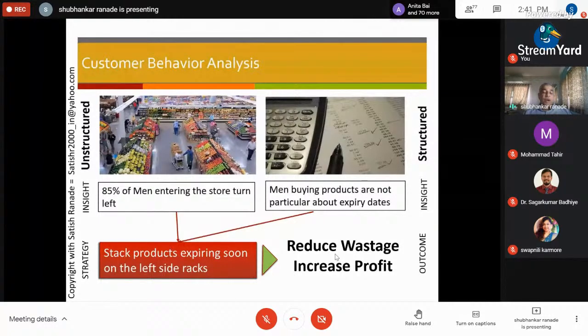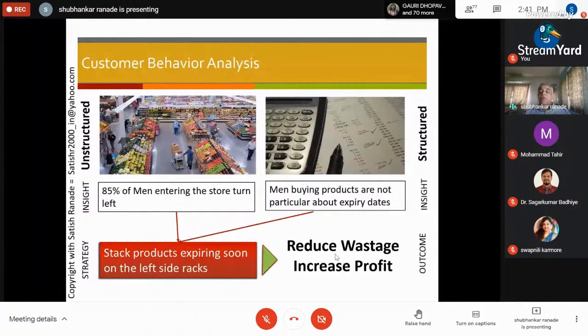While this strategy helped them to cut their wastage, and they could actually save $300 million in a year by reducing the wastage, because the products that were expiring soon are being now sold quickly and they don't have to throw away. Now, this is the power of data science, and that is why people invest in the data science exercises, data science journey. So by reducing wastage, they actually increase the profit.